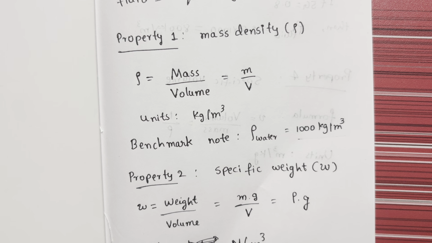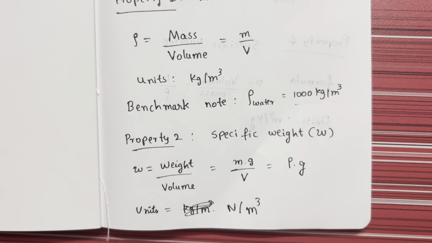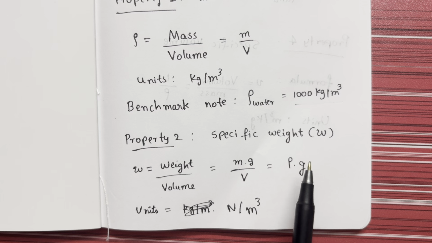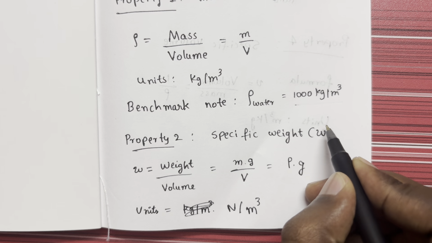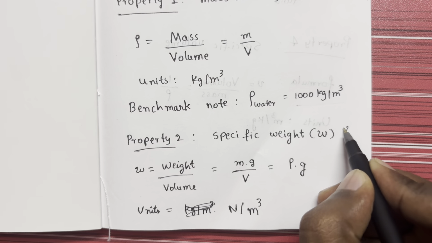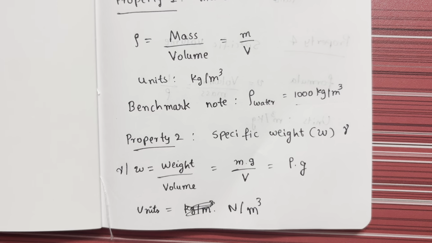Okay. Next property is specific weight. It is also denoted by gamma. So what's specific weight?